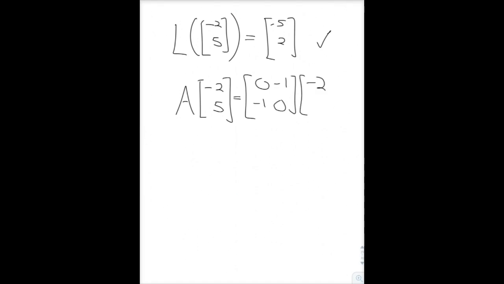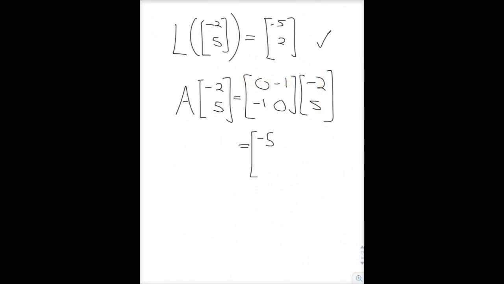Okay, there's L. Now, what happens when we left multiply this column vector by A, the matrix A that we found above? Well, that's [0, -1; -1, 0] multiplied by (-2, 5). If I carry out this matrix multiplication, remember, first entry is first row dot column, that gives me -5.